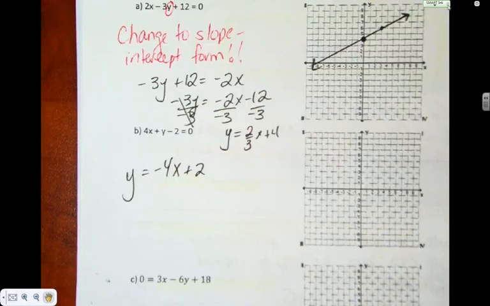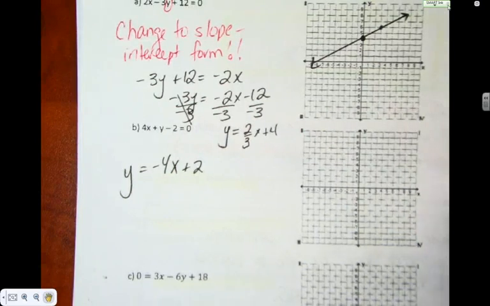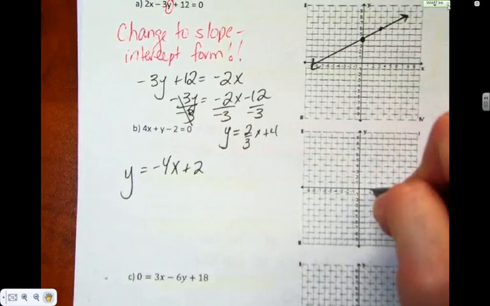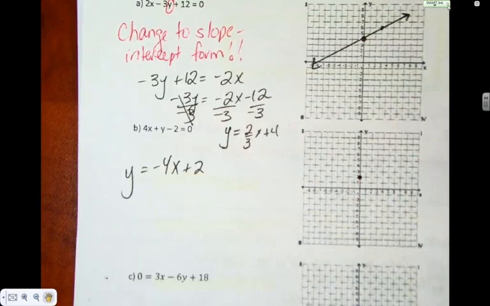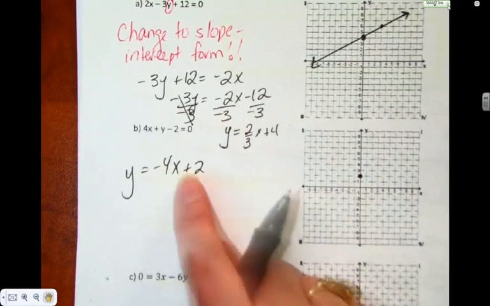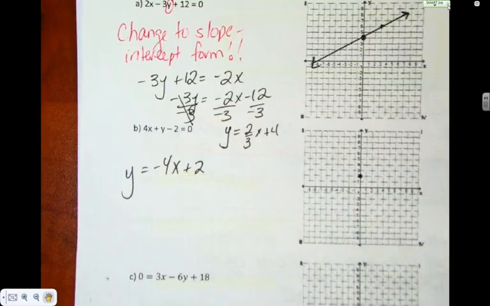Where do we start? With the 2, and where do I put it? Okay, right here? Why on the y-axis? Because it's the y-intercept. I don't have a fraction for slope. I've only got -4.